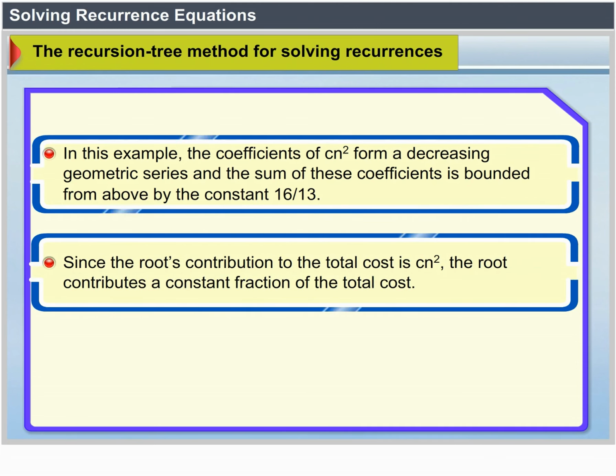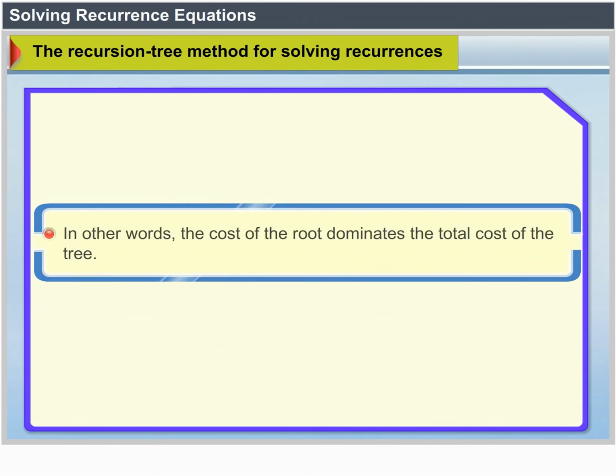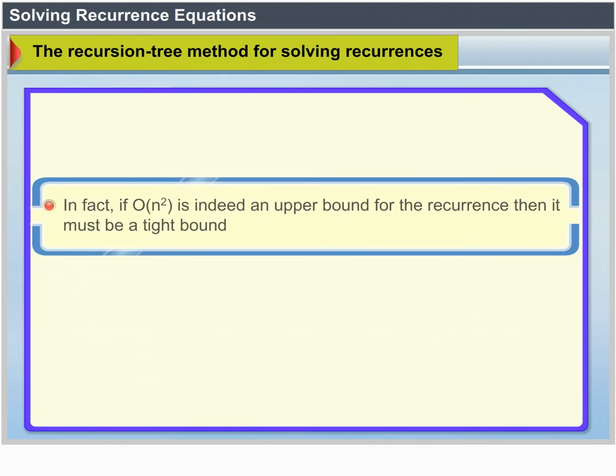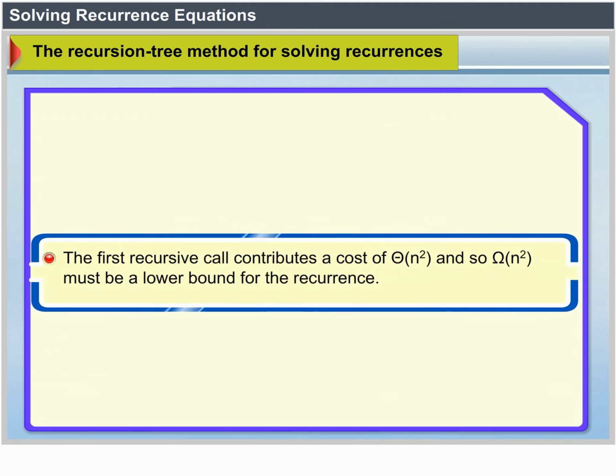In other words, the cost of the root dominates the total cost of the tree. In fact, if O(n²) is indeed an upper bound for the recurrence, then it must be a tight bound. The first recursive call contributes a cost of Θ(n²), and so Ω(n²) must be a lower bound for the recurrence.